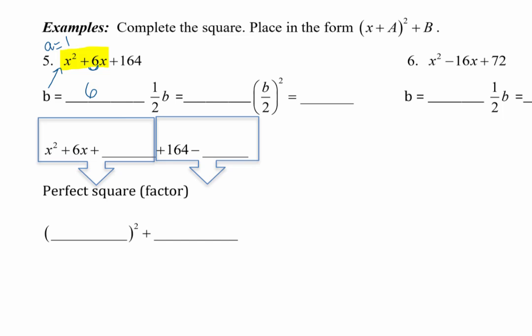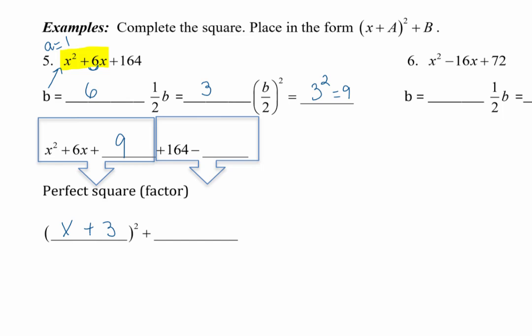Then we're going to take half of b, so half of 6 is 3. And then we're going to square that, so 3 squared is 9. So we complete the square: x squared plus 6x plus 9. That gives us a perfect square trinomial that factors as x plus 3 squared, right?